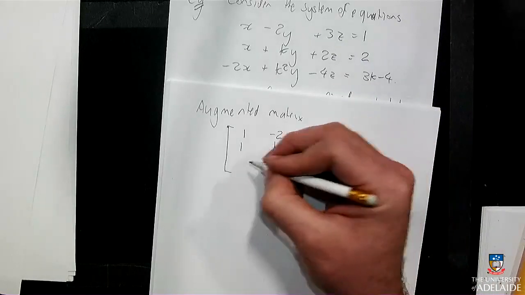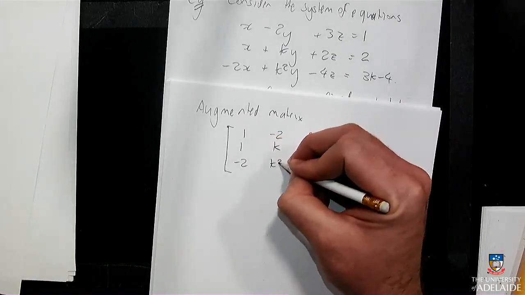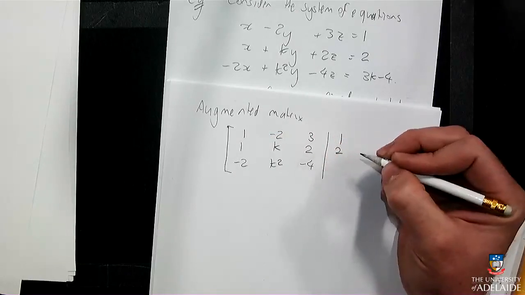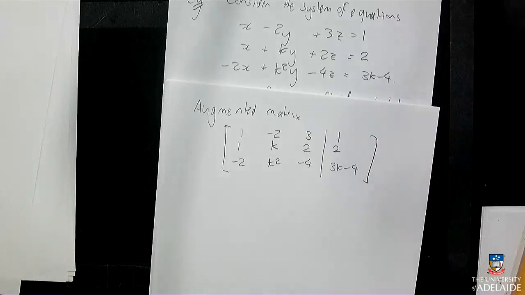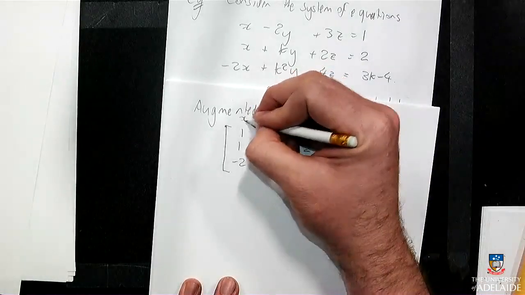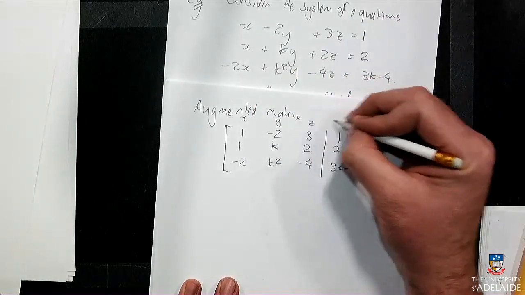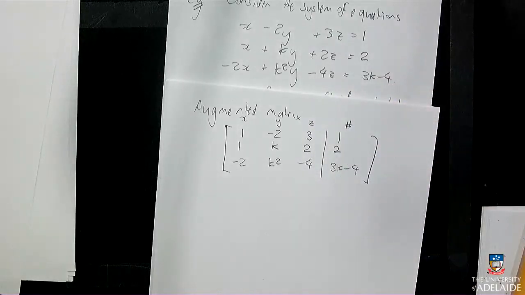We have minus 2x's and k squared y's and minus 4z's is 3k minus 4. Okay, so this goes with the x, this goes with the y, this goes with the z, and this goes with the numbers. All right, my goal is to try and get this as close as possible to having lots of zeros in it. So let's see where we go.